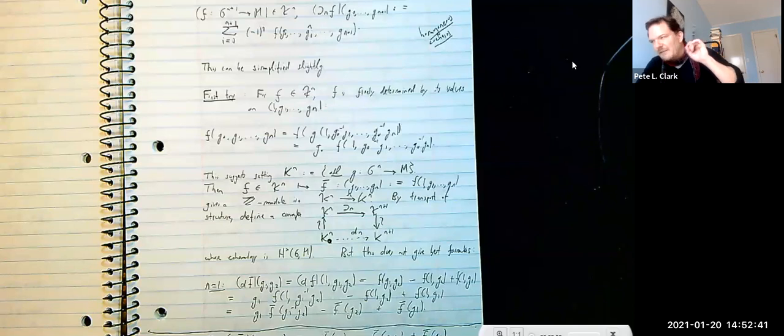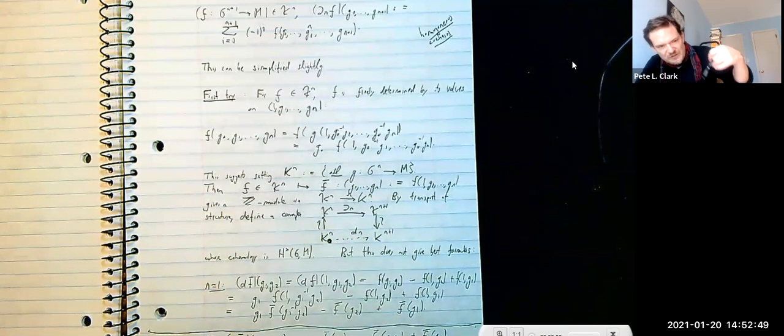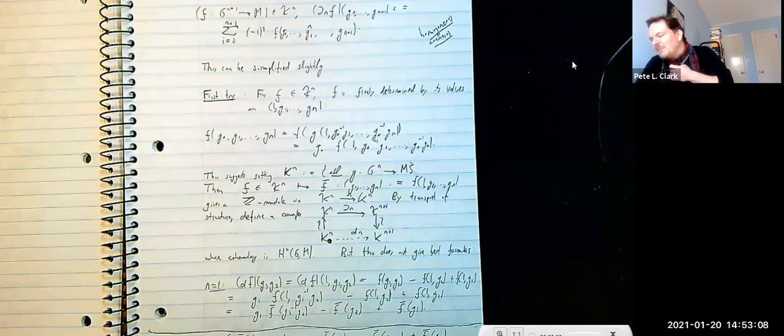Then you realize that if you make a change of variables, you can simplify the formula. So the wrong thing, which could naturally occur to you, motivates the change of variables, which gives you the right thing. And the right thing is going to give us the inhomogeneous chain complex. So in other words, cochains and coboundaries, like you've probably seen before, to be honest.